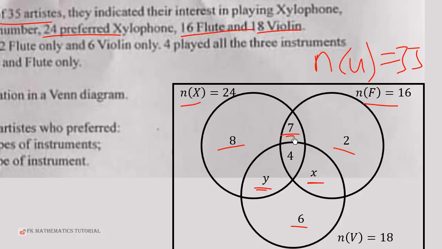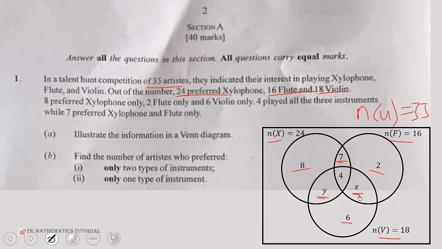So x plus y plus 7. We need to calculate the value of x and the value of y. But we can also do it this way. We can add everything and we should get 35.